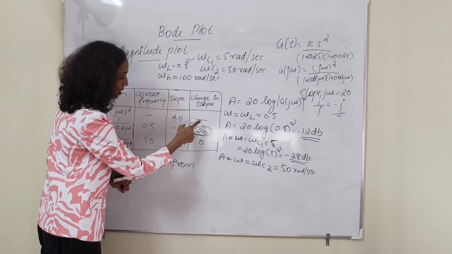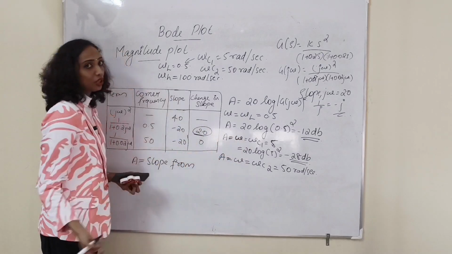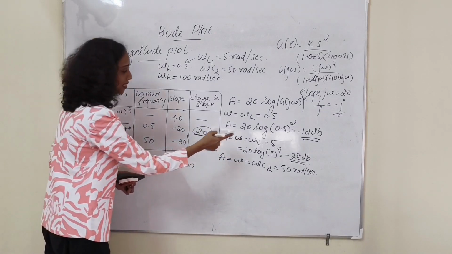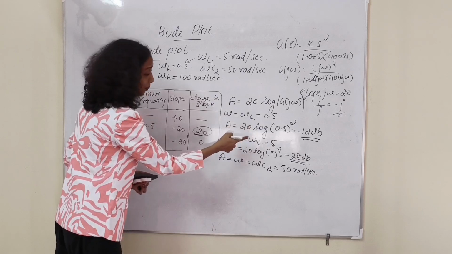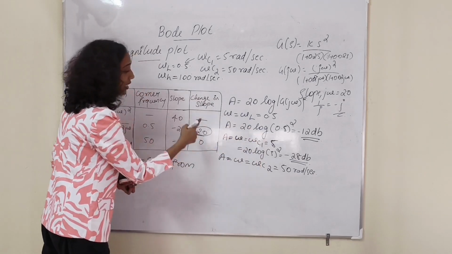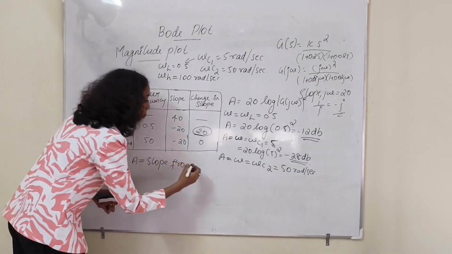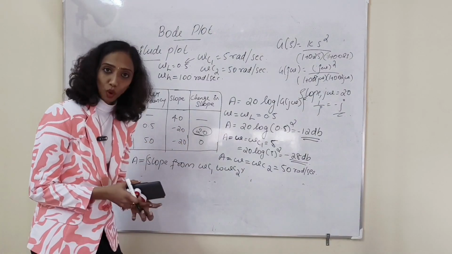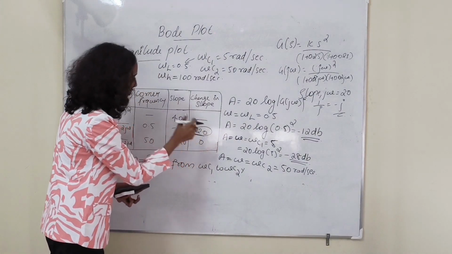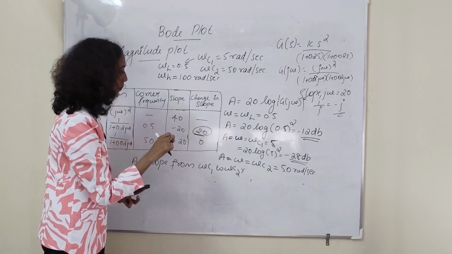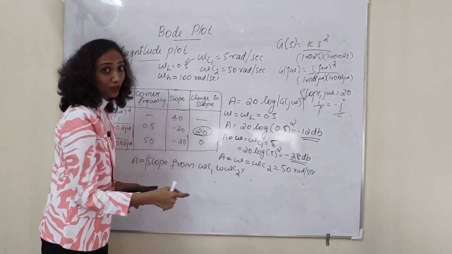The corner frequencies omega C1, 5 radians per second, to omega C2, 50 radians per second, is compared as the third change in slope. So the change in slope happens from omega C1 to omega C2, right?